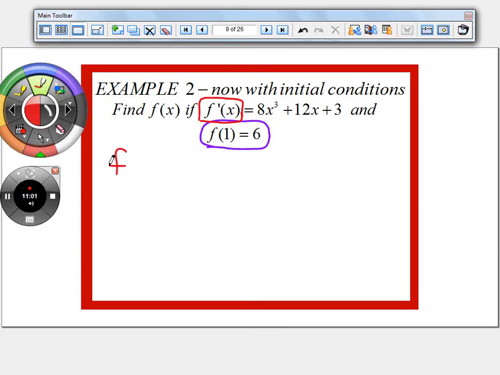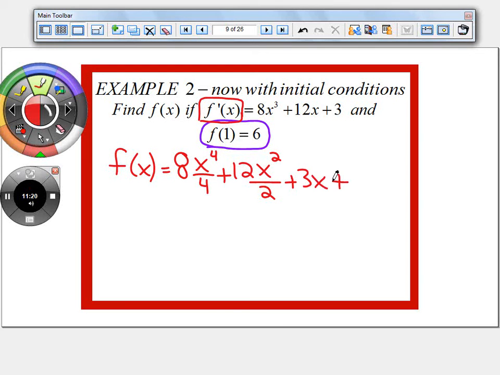So we're going to say f of x equals, and we're going to do the same exact thing. So we're going to say 8, and we're going to say x to the 4th divided by 4 plus 12. We're going to add 1, so we're going to divide by that same number, and then plus 3x, and then plus this arbitrary c.